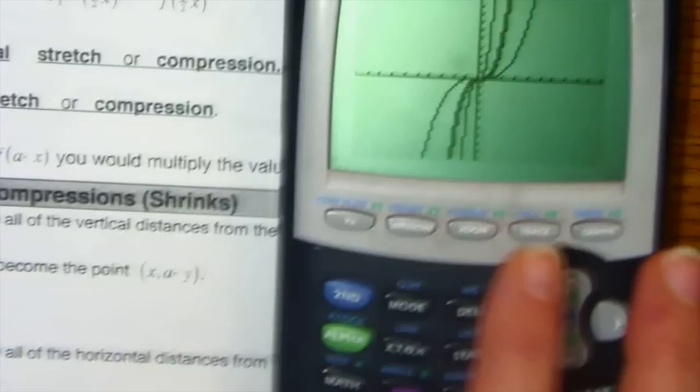So we're going to take a look here at x cubed. So we have obviously 0, 0, 1, 1, 2, what? 2, 8, 3, 27. 3 cubed is 27.